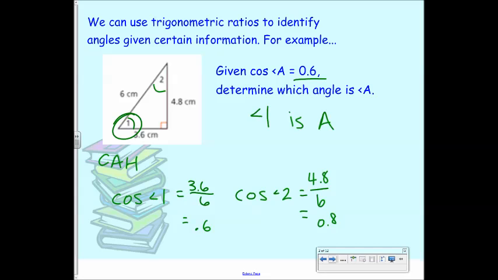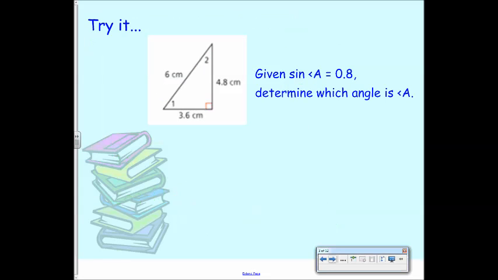Okay. So given sine of angle A is 0.8, determine which one is angle A. So try this one. Again, remember sine is what? So this is opposite over hypotenuse.